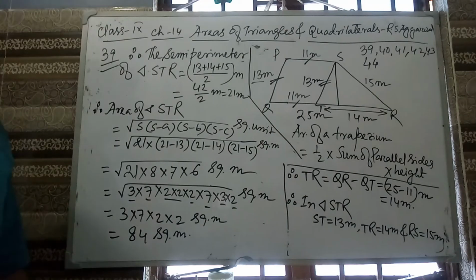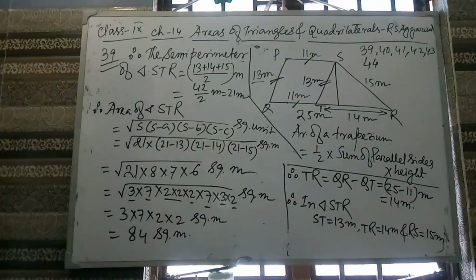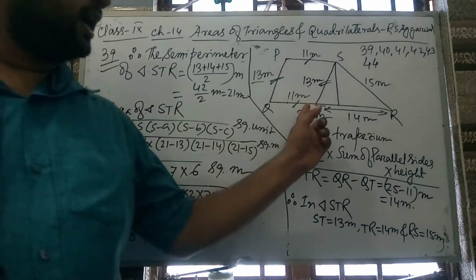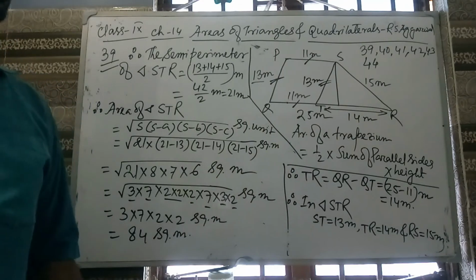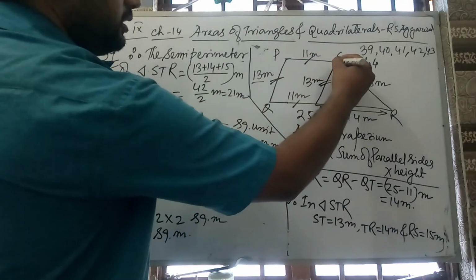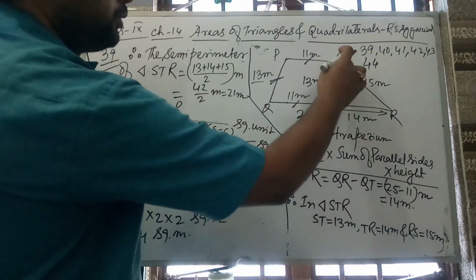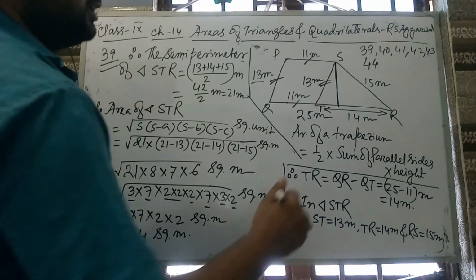Now look, in triangle STR, we have the area 84 square meter. Now if we consider TR to be the base, which is 14 meter, and suppose this point we have drawn a perpendicular from S on TR.